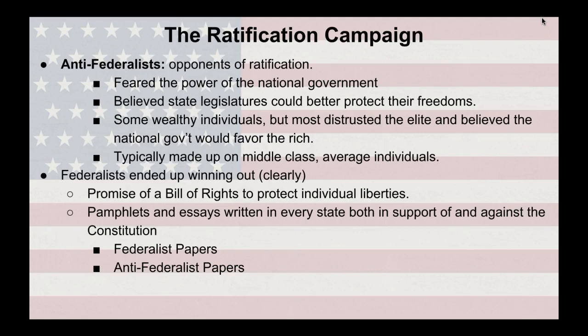And so if you go on to pursue a history or a political science degree, I hope that you will be exposed to those papers at some point. Typically, as historians, we just push the Federalist Papers because they are the ones that ended up coming out on top in this ratification campaign.